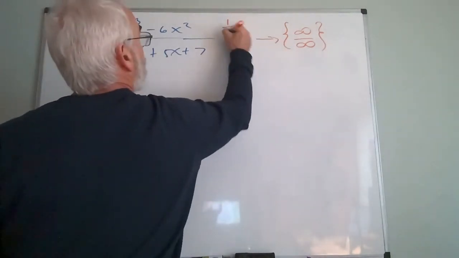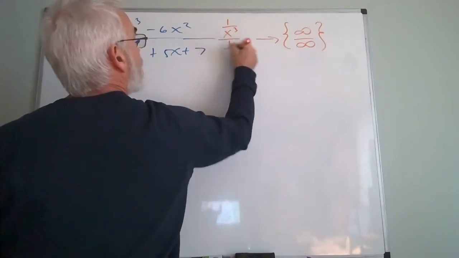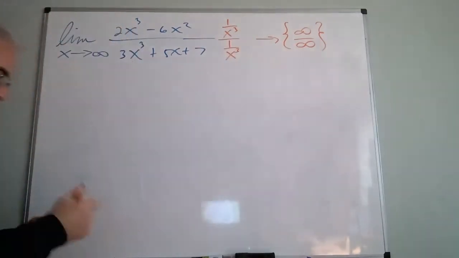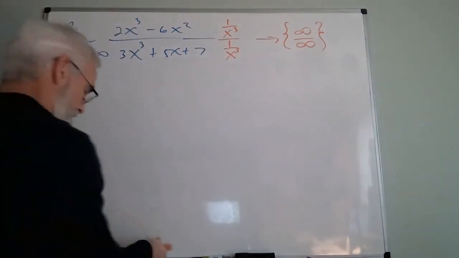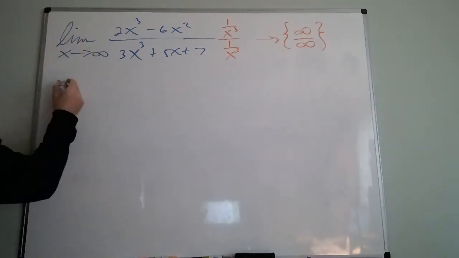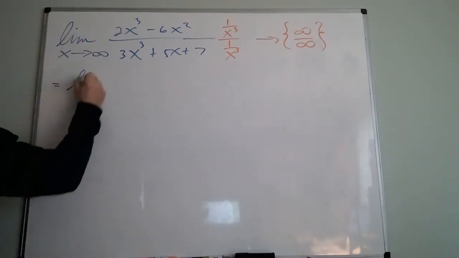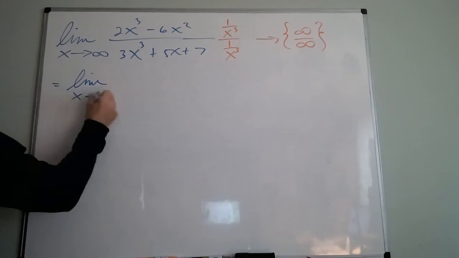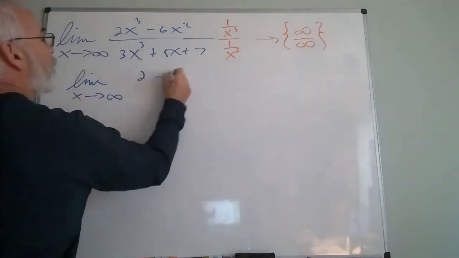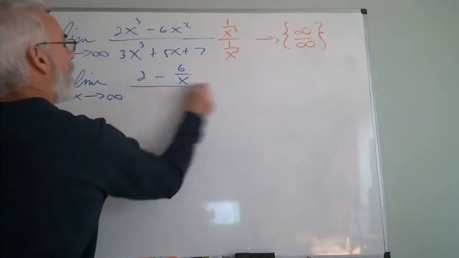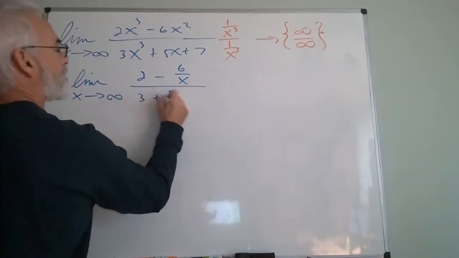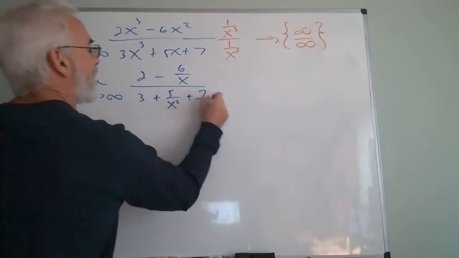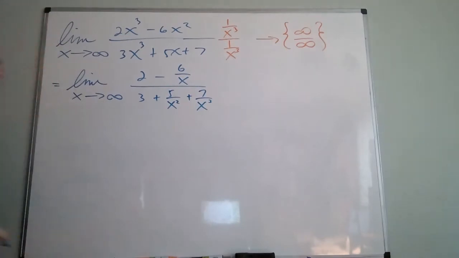So now I'm going to multiply top and bottom by 1 over x cubed. When I do that, this will become 2 minus 6 over x on top, 3 plus 5 over x squared plus 7 over x cubed on the bottom.